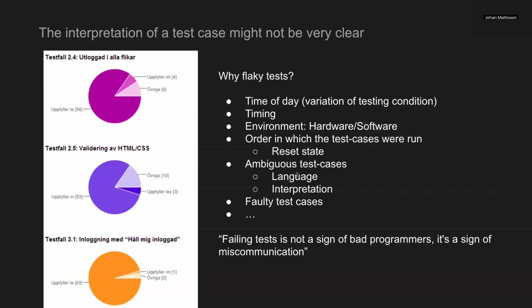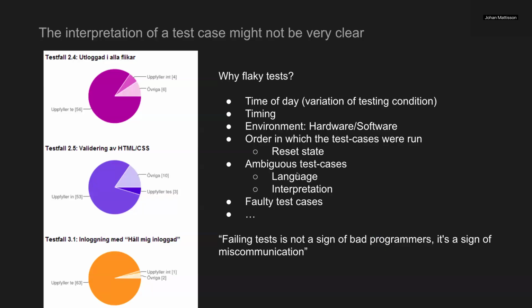For example, the order in which you run the test cases can also have effects. So there are a lot of things that can cause flaky tests. They are super tricky to actually fix, because you need to figure out when it actually fails. And that's a treasure hunt in itself.